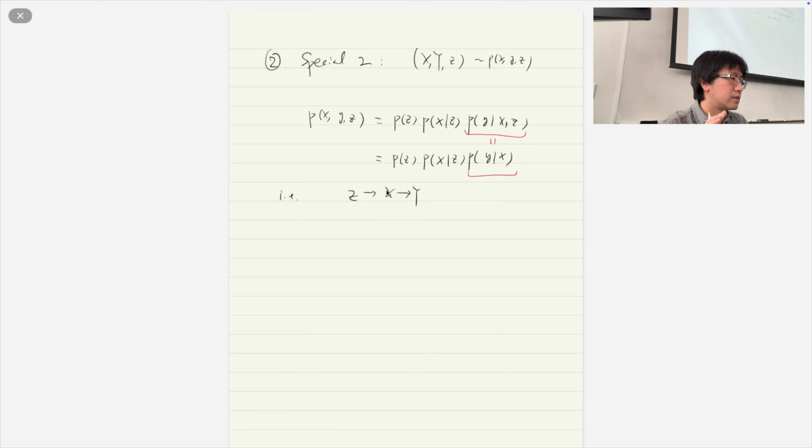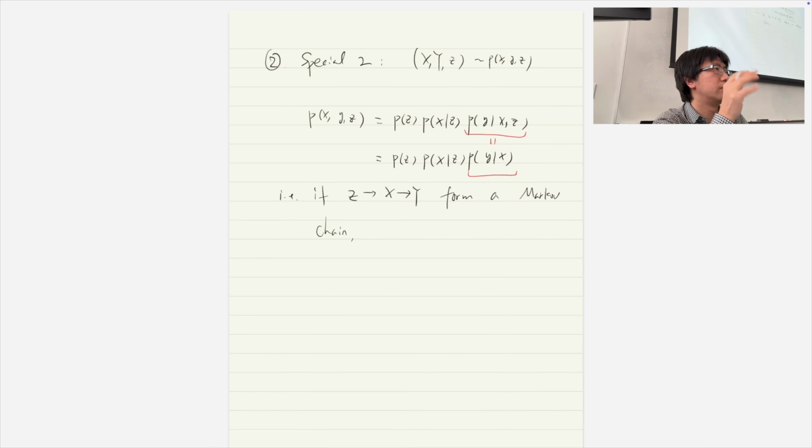Let's talk about that later. This relationship holds if x, y, and z form a Markov chain. Maybe you want to review the concept of a Markov chain.